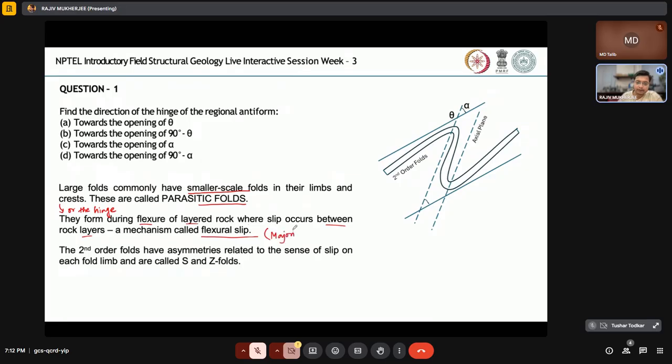So most of the asymmetric folds that we observe in the field are generally formed due to this mechanism. The majority of asymmetric folds in nature form through flexural slip.